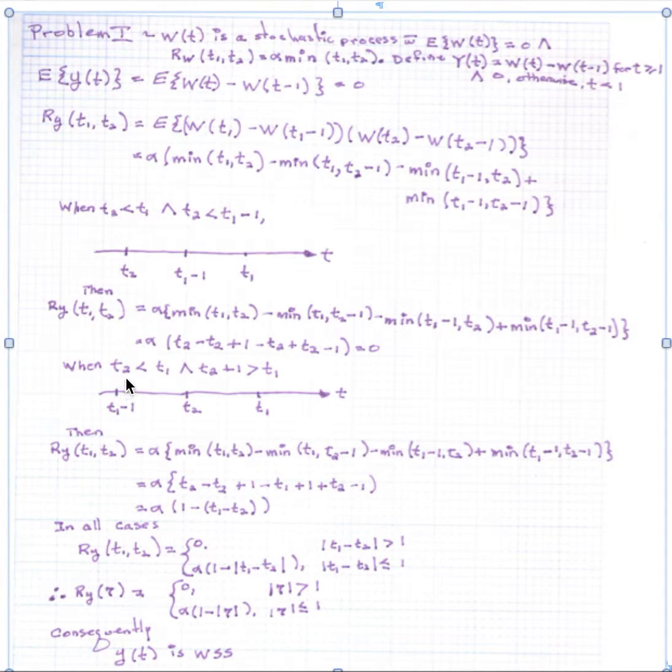Now when T2 is less than T1 and T2 plus 1 is greater than T1, here's the graphical representation.